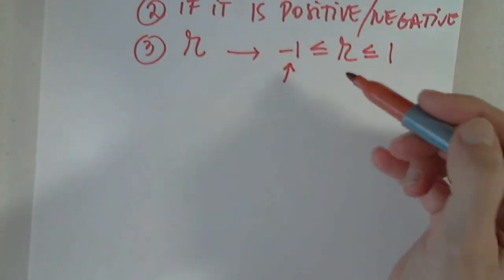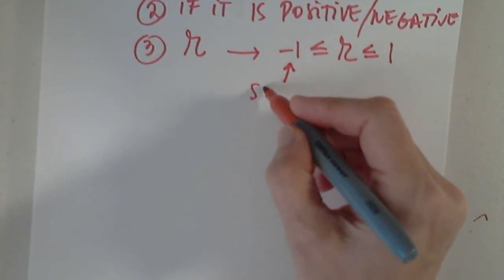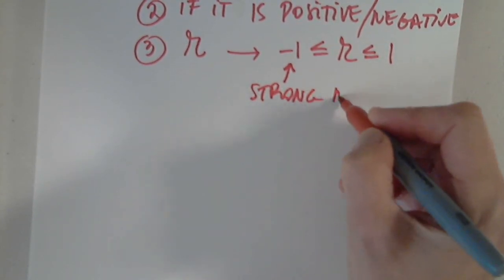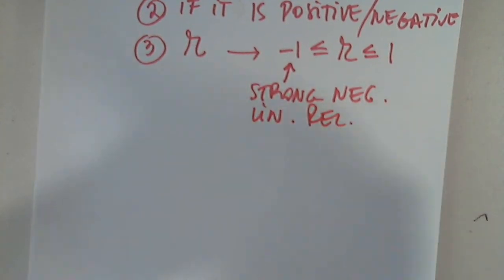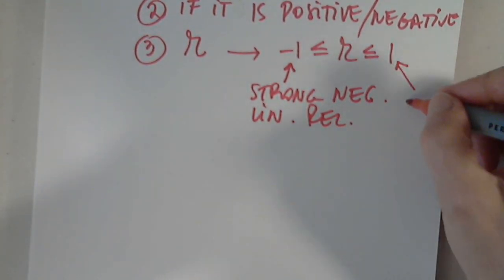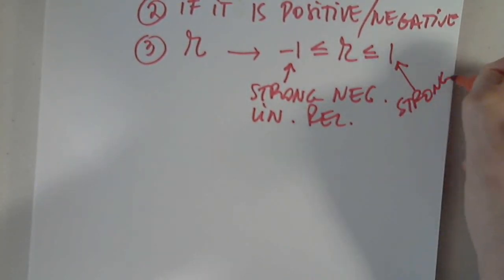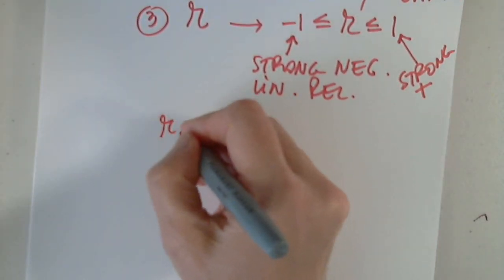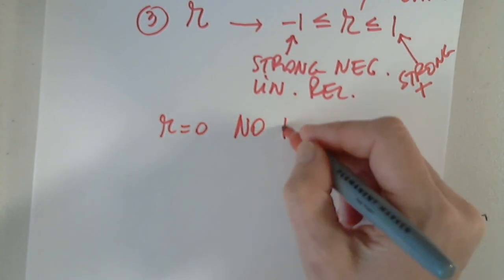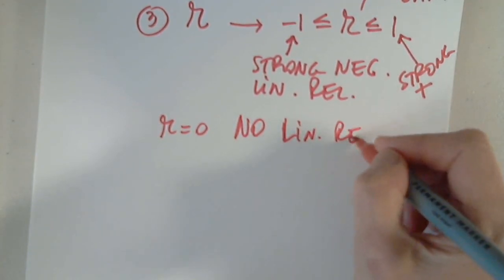If it happens that R is -1, it is a strong negative linear relationship. Of course, for 1 it is a strong positive linear relationship. What if R is 0? No linear relationship.